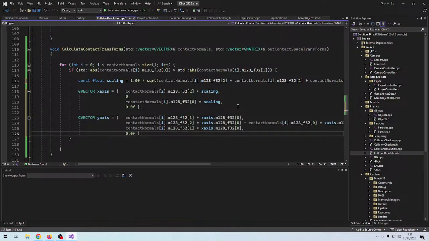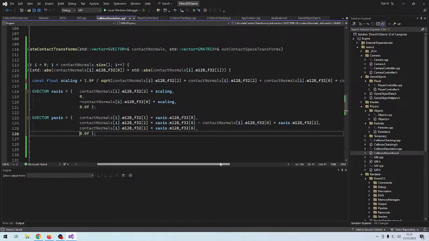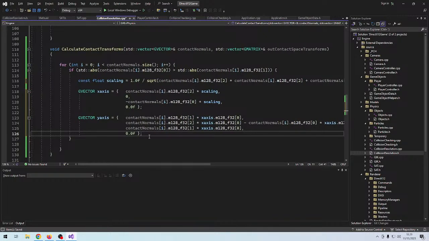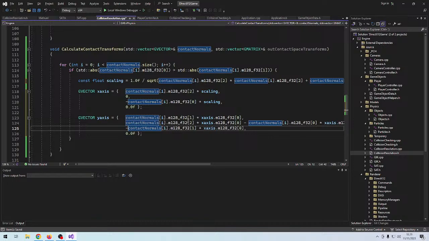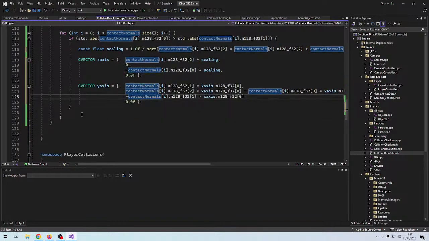So the first component, the y times the x of the x-axis, then the c times the x of the x-axis minus the x of the contact normal times the c-axis of the x-axis. Then we have the negative contact normal times the x-axis. There we go.